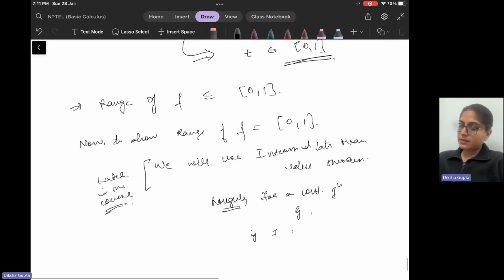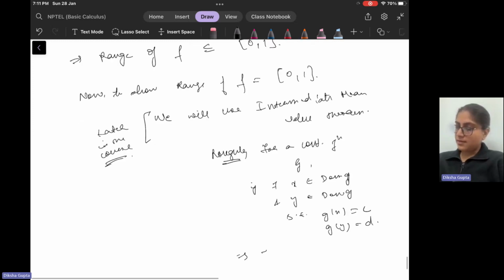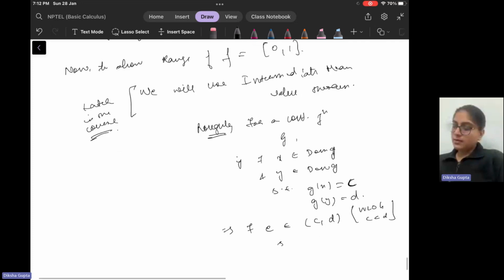if there exists x belonging to the domain of g and y belonging to the domain of g such that g(x) equals some c and g(y) equals d, meaning that c and d are in the range of g, implies there exists some e belonging to the interval formed by c comma d. Without loss of generality, we are assuming that c is less than d.